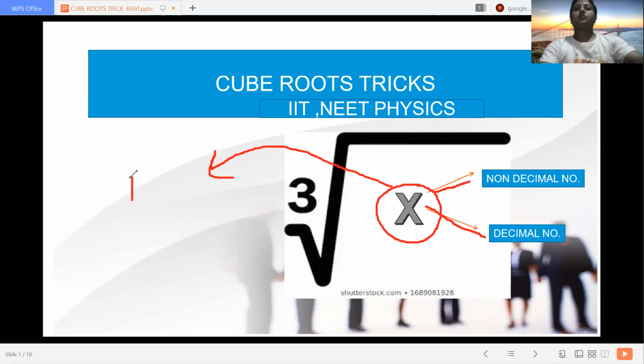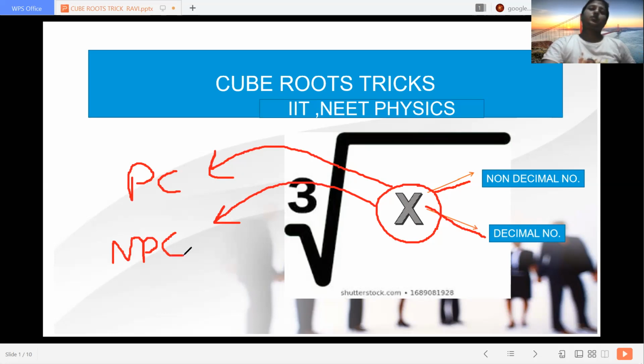For all types of number, after discussion we can calculate cube roots.